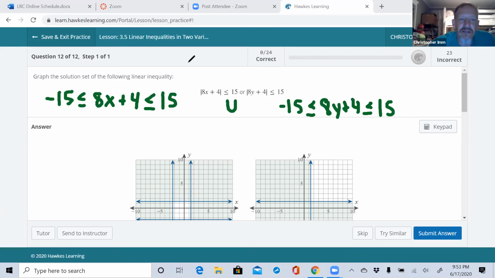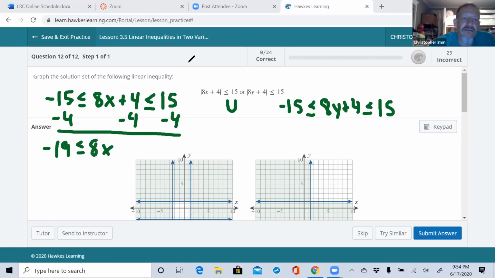In the left one, I'm going to subtract 4 everywhere and solve for x. I have negative 19 is less than or equal to 8x is less than or equal to 11.